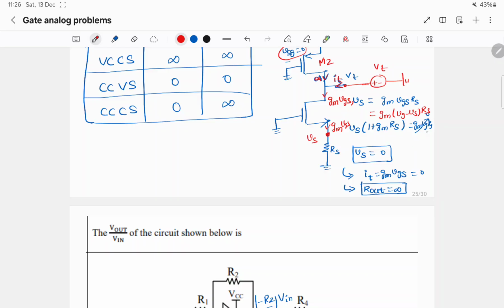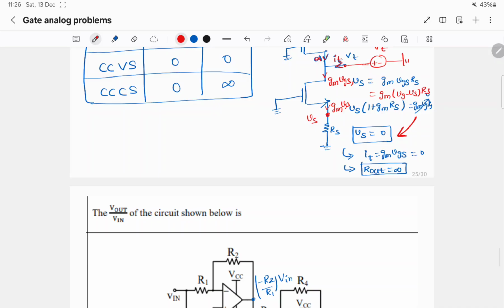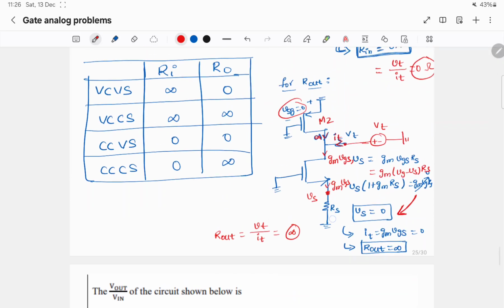Vg is 0 here, so this implies Vs has to be 0. We know that It is GM VGS, both Vg and Vs are 0, so It will be 0. So R out is Vt by It. Here It is 0, so R out will be infinity.